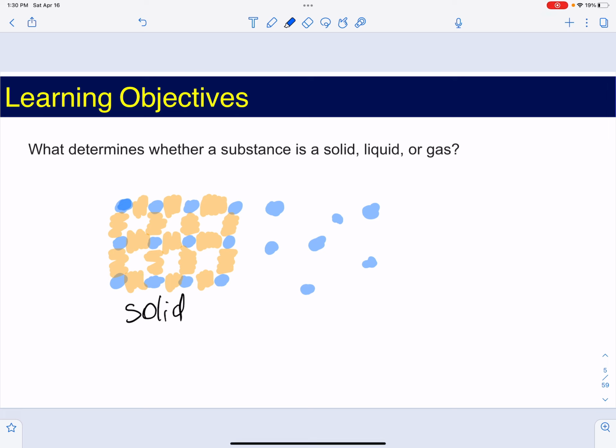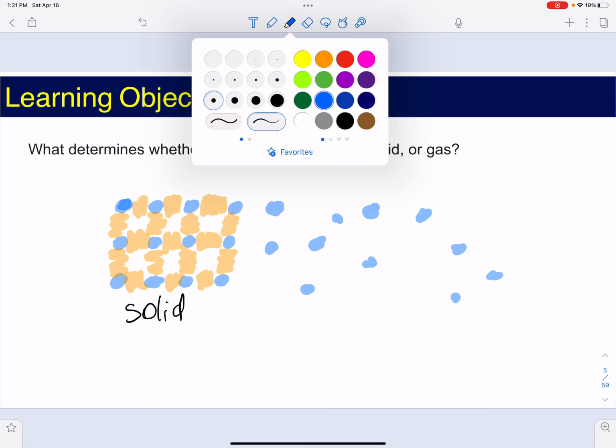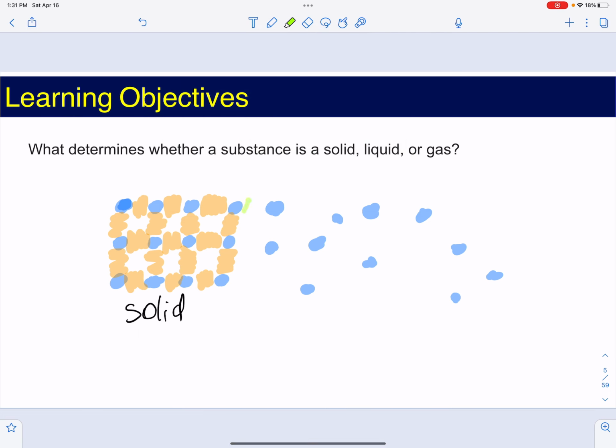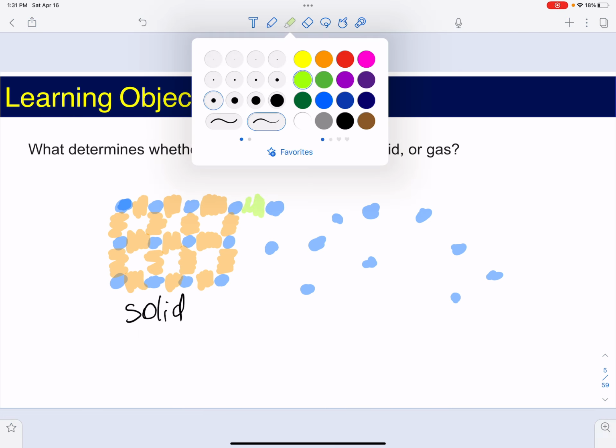And then on the other side, you have something like that. At this point, you can start seeing that there's an attraction there.